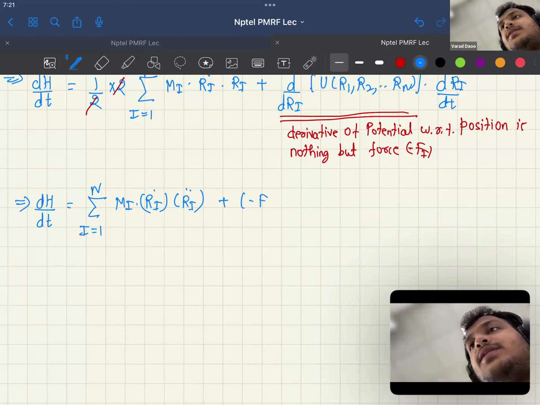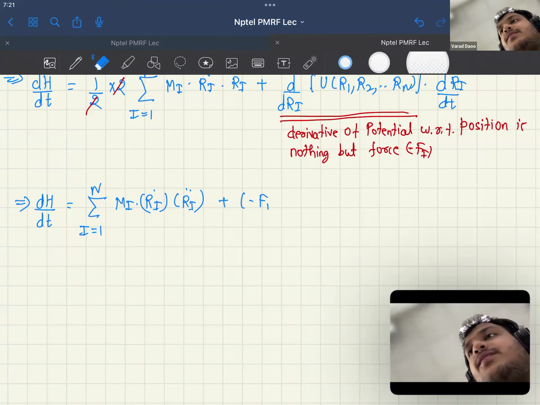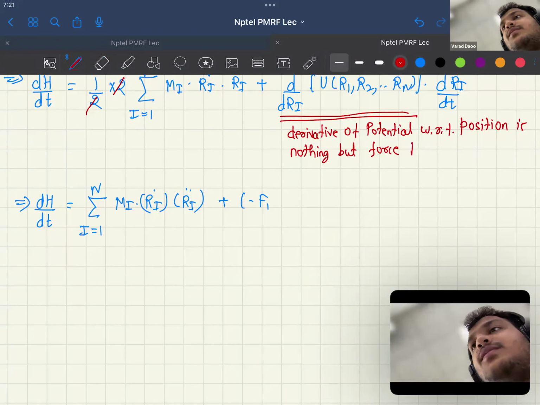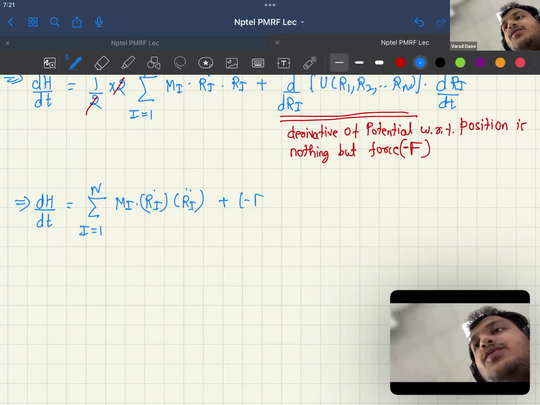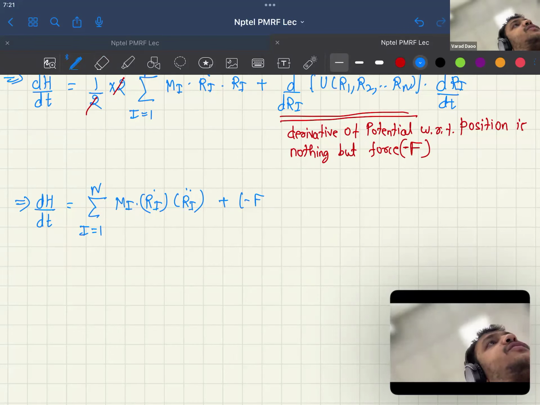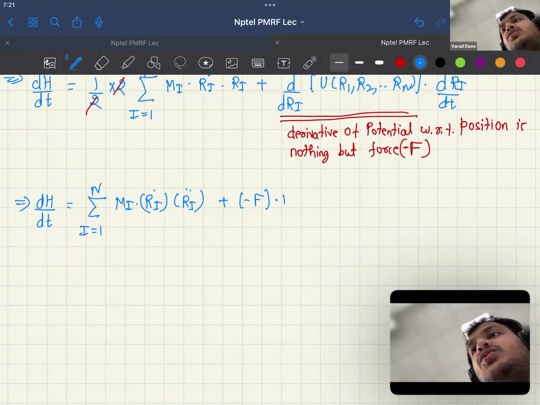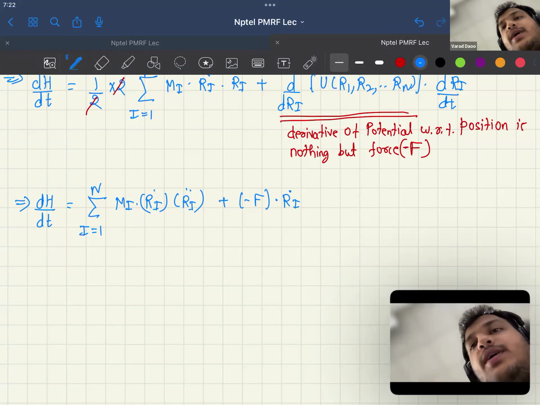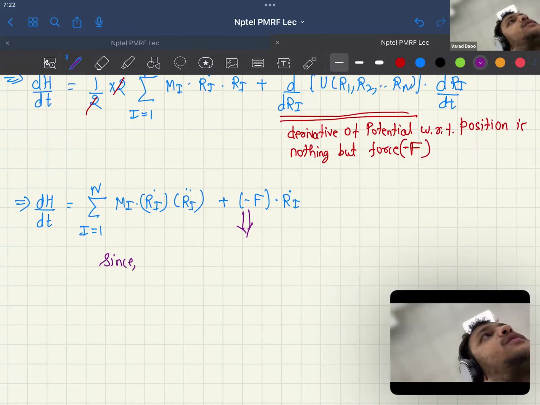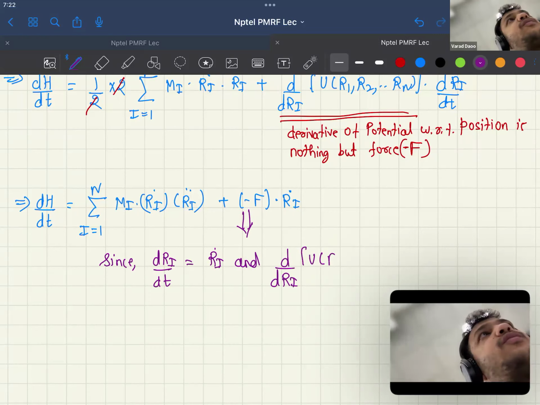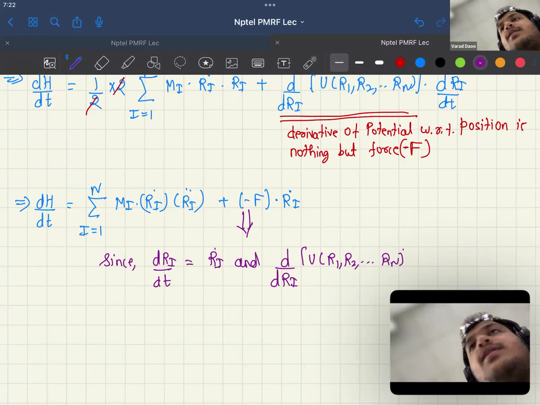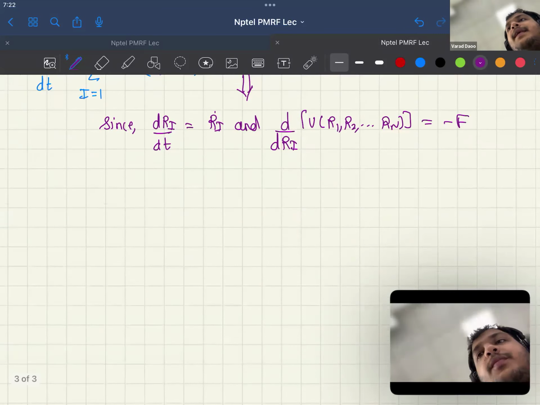Hence here we will write minus Fi, minus F into ri dot. Now why? Since dri by dt is nothing but ri dot, and d by dri of U of r1, r2, up to rn is nothing but the negative of force.